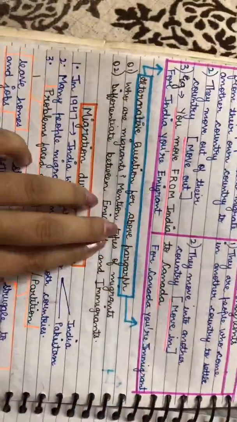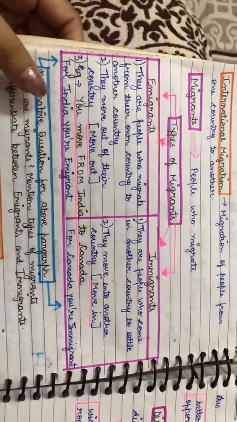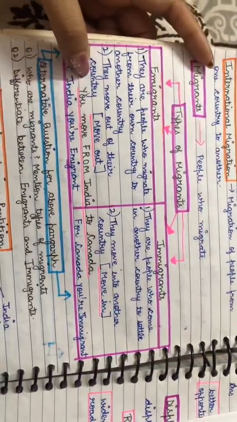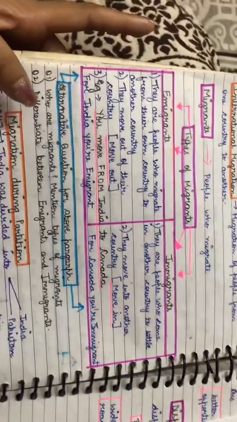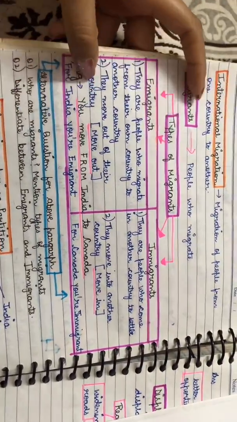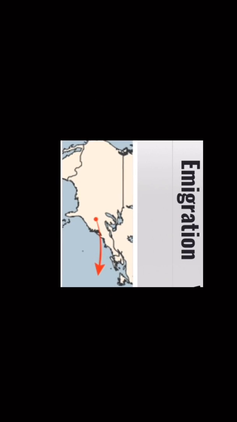Very good. Now, these are a few alternative questions for the above paragraph. I told you in the previous class that whatever alternative questions there will be for the paragraph above, I have given you over here. And this is your answer as well. Emigration is leaving a country to move somewhere else. So when people emigrate, they generally leave the country where they were born and move to another.